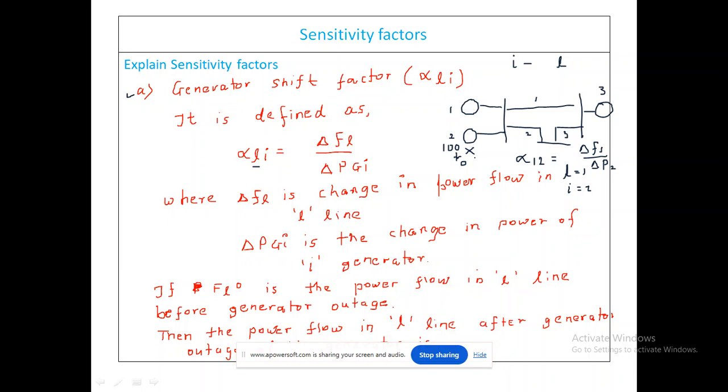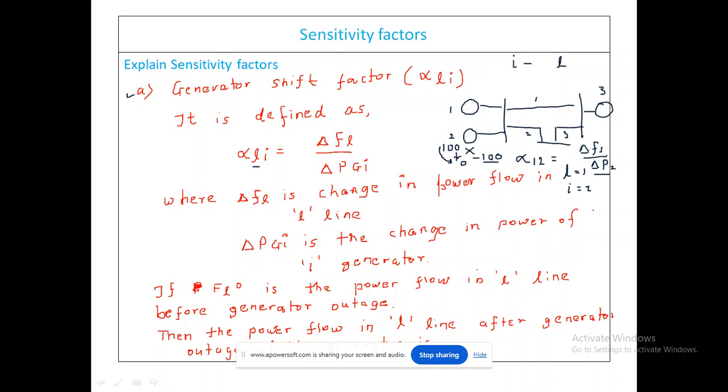So there is a change of minus 100 megawatt. This delta Pg2 is the change in the generator power. From 100 megawatt it is reduced to 0, so there is a change of minus 100.